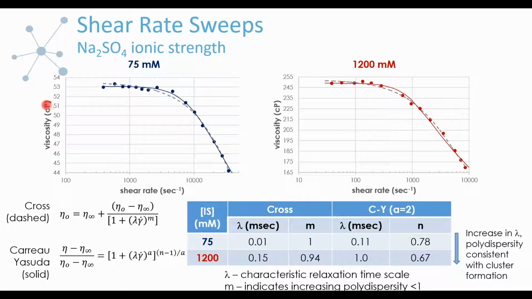There are different ways that we can start looking at this and extracting information from viscosity versus shear rate. One of these ways is just visually looking at the system.